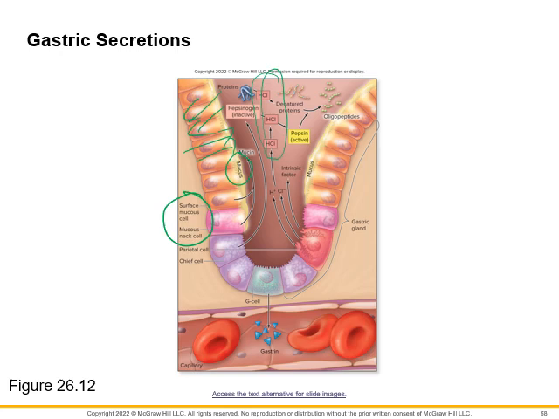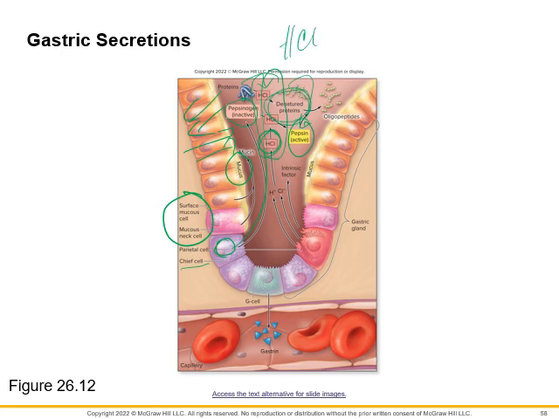Then we have the parietal cells. The parietal cells are going to facilitate the secretion of hydrochloric acid. Then we have the chief cells, which are going to release pepsinogen, inactive, which then gets activated by the hydrochloric acid and turns into the active form, which is pepsin, and we start seeing a breakdown of proteins in the stomach.